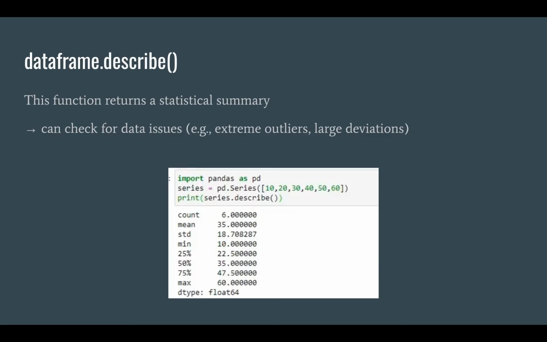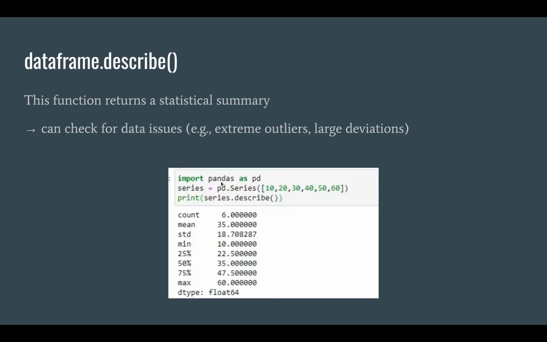They can tell data scientists, data analysts, if there are any mathematical issues that may exist, such as extreme outliers or any large deviations. So by checking these data issues, data analysts or data scientists may address these issues later.